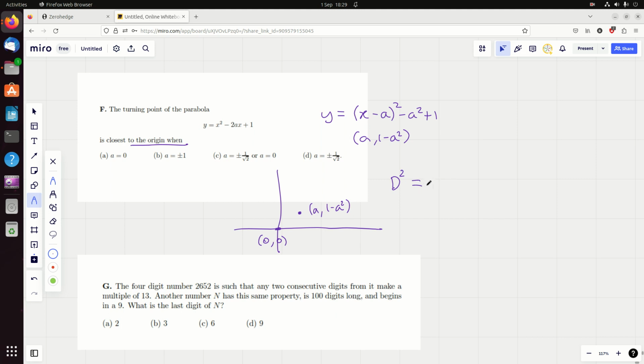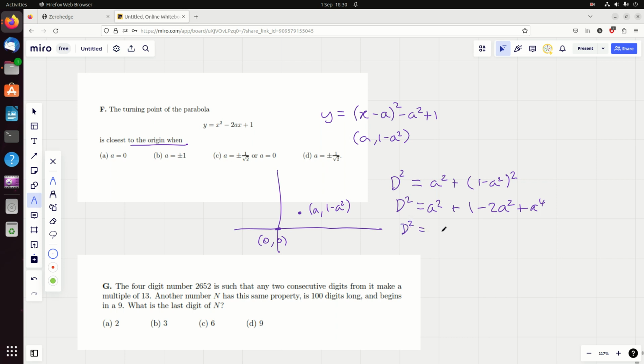Distance squared is going to be equal to a squared plus 1 minus a squared, squared. Yeah, and I could obviously square that out. This is not the quickest way of doing this. You should have probably just checked which one is closest after plugging in those a values. But I'm doing it like this now, and this is the more professional way of doing it.